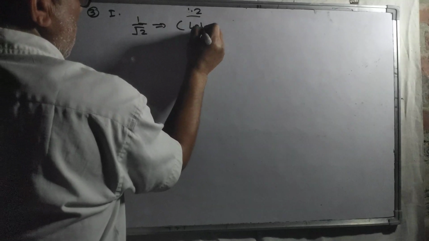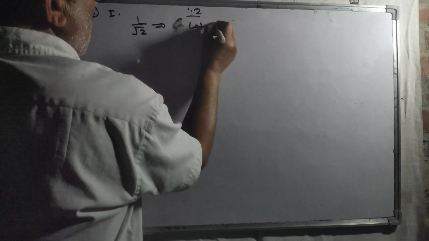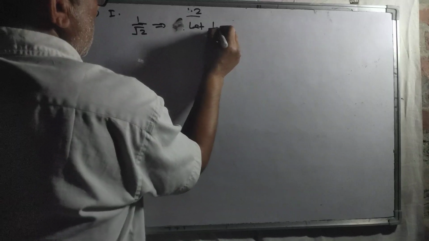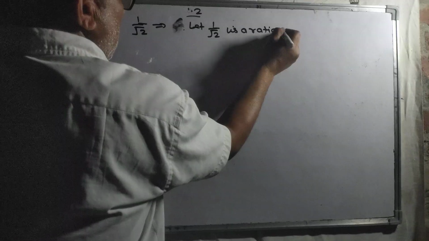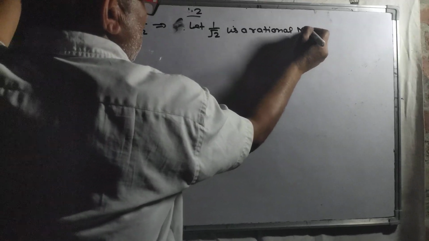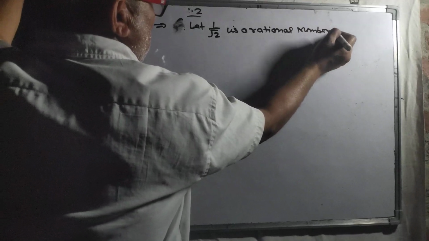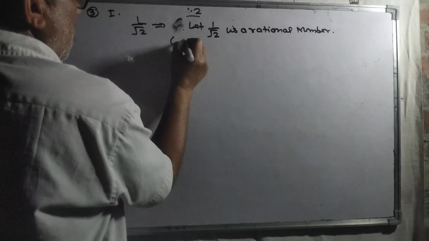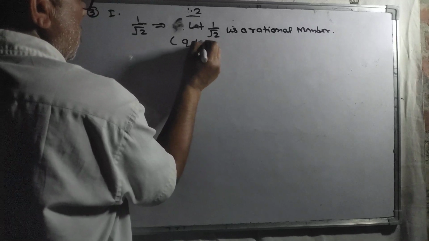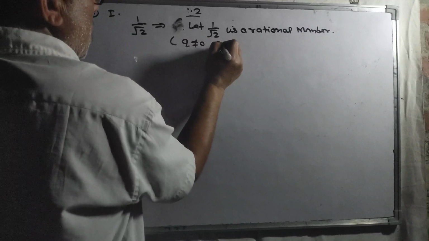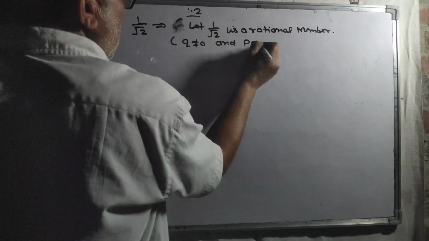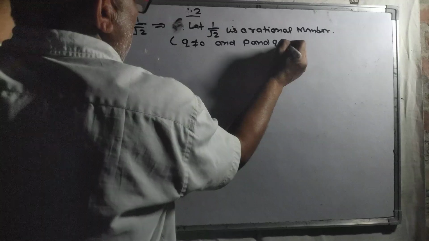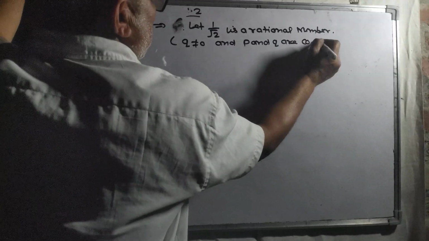Let 1 upon root 2 be a rational number, where q is not equal to 0, and p and q are co-prime numbers.